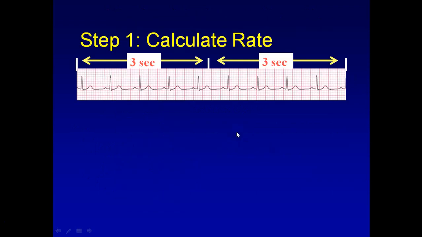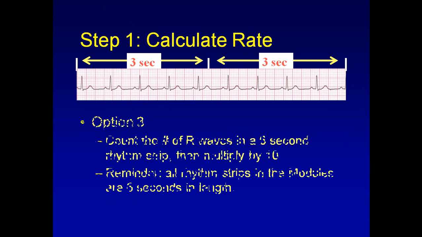Now, what if the rhythm is irregular? Between one RR wave there are 2 small boxes, between another RR wave 3 small boxes, and another 4 small boxes. So how do we find the rate? Take a 3-second or 6-second strip. As we said, 3 seconds has 15 large squares and 6 seconds has 30 large boxes.